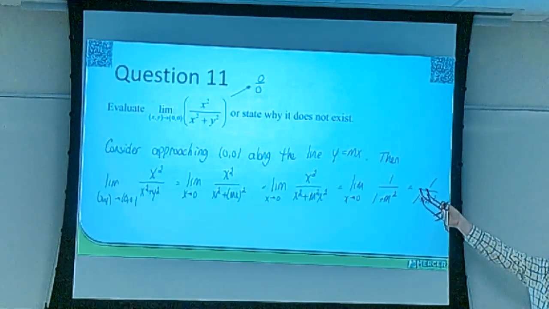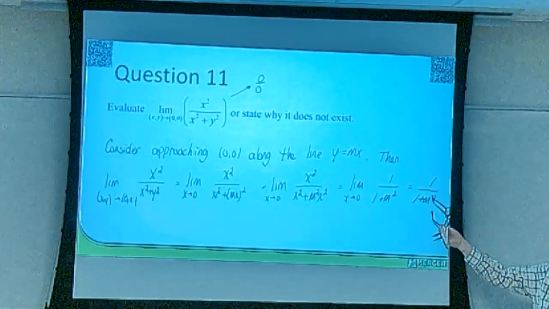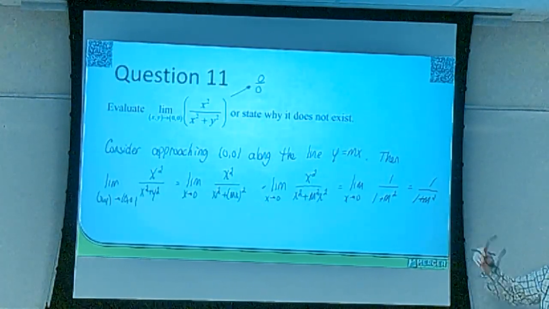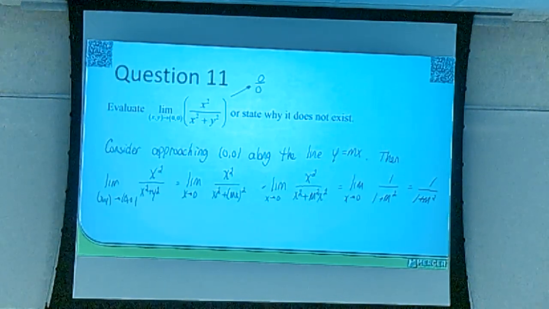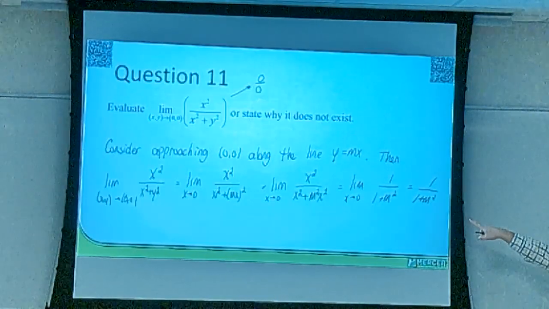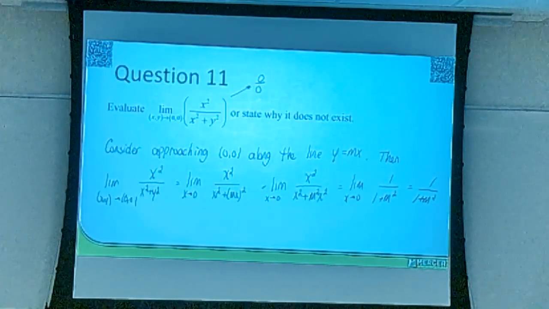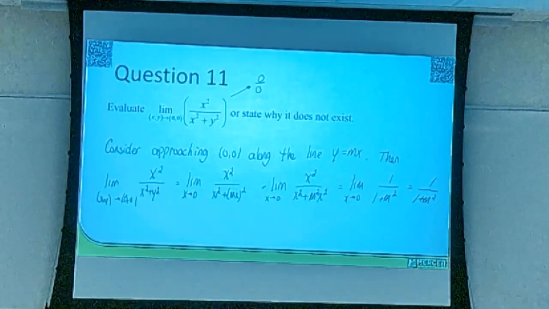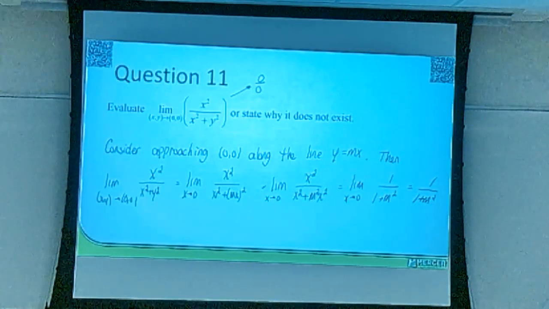That limit depends on the slope of the line. So if m is 1 versus m is 2, aren't they different limits? This limit does not exist. Different lines give you different limits, which means the limit does not exist.